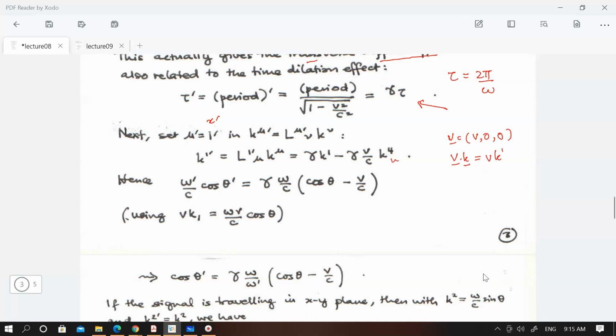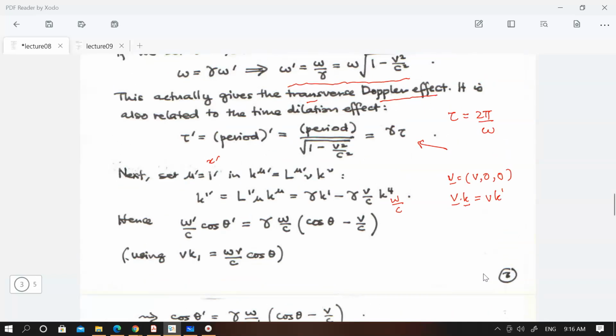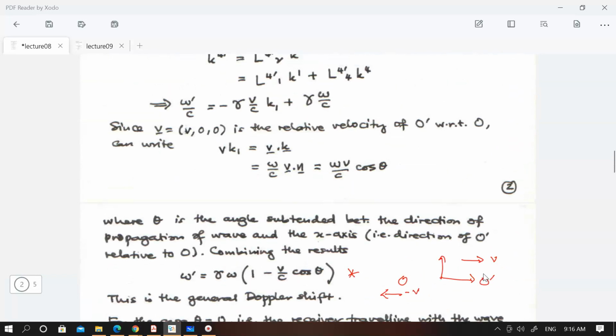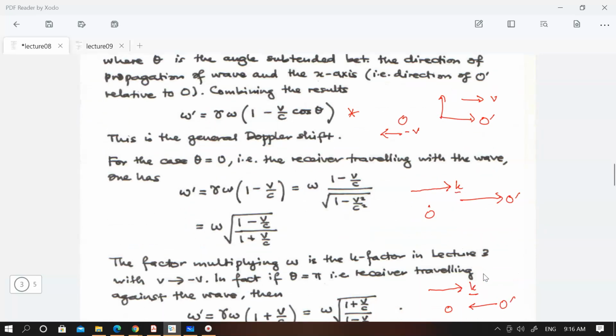So I have omega over C over here. I'm confused now. Let me just check with the ones before. Omega V on C cos theta. That's VK1.